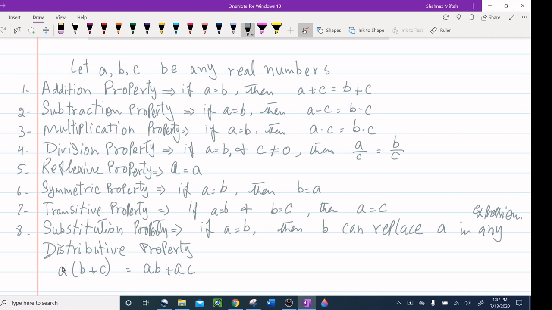What happened here? I'm distributing this A, multiplying it with B and with C. In the same way, A times (B minus C) is equal to A multiplied with B, which is AB, and positive A multiplied with this negative C gives me a minus sign, so AB minus AC. That's the distributive property.